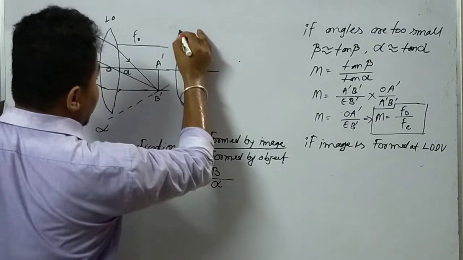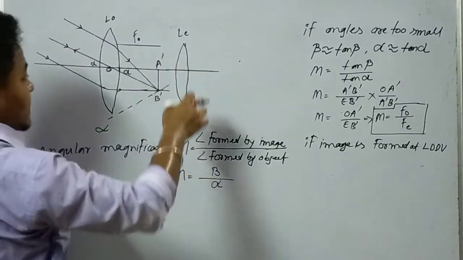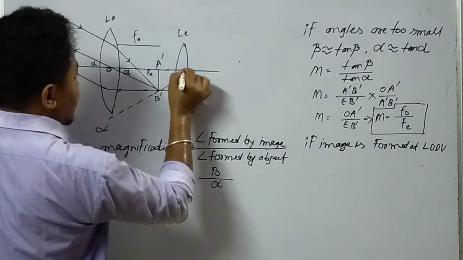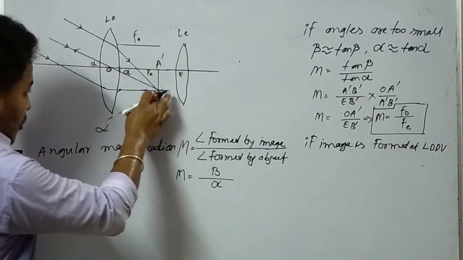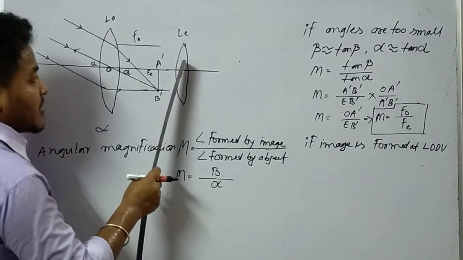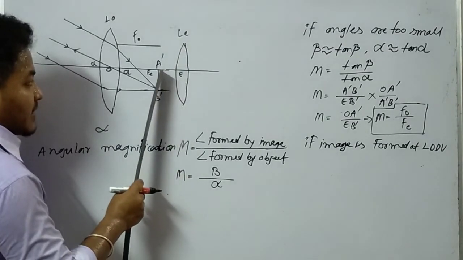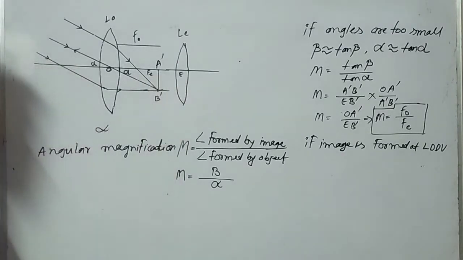As I bring this eyepiece lens close to here, this object will become inside the focal length and optical center. Have you got the point? I have adjusted this lens so that I can place this object between optical center and principal focus.